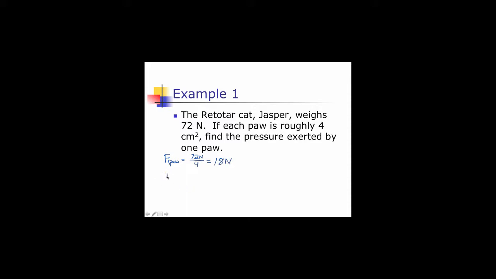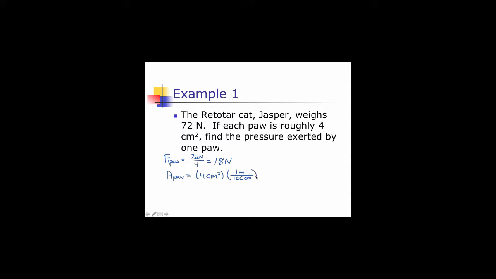Now the area of a single paw we've been given is 4 square centimeters. But as we've said before, if we're finding pressure, we have to convert this to square meters. So 100 centimeters is equal to 1 meter.